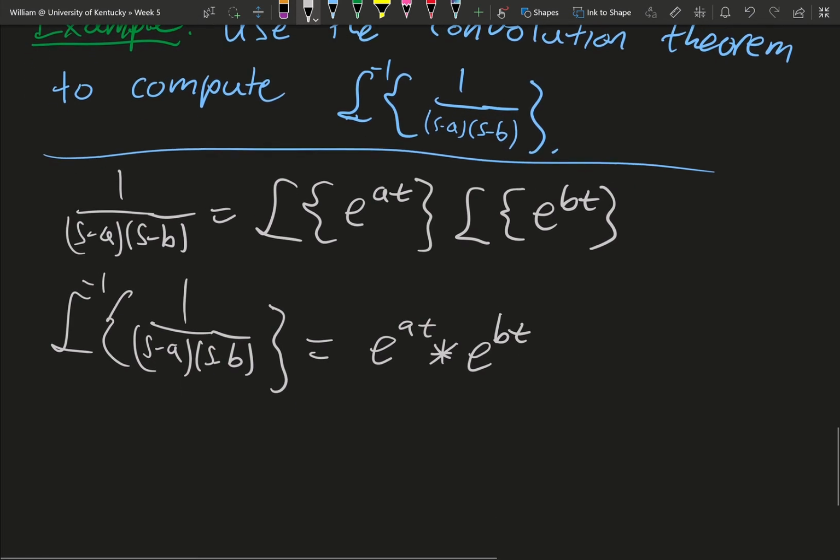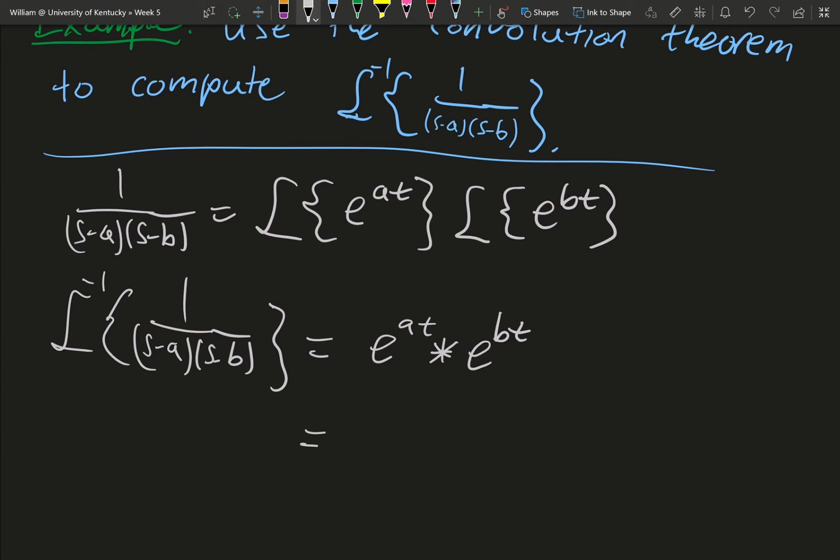Now, of course, you're welcome to rework that if you want, but I gave it as an exercise in the last class, and we saw that our answer was e to the at over a minus b plus e to the bt over b minus a.